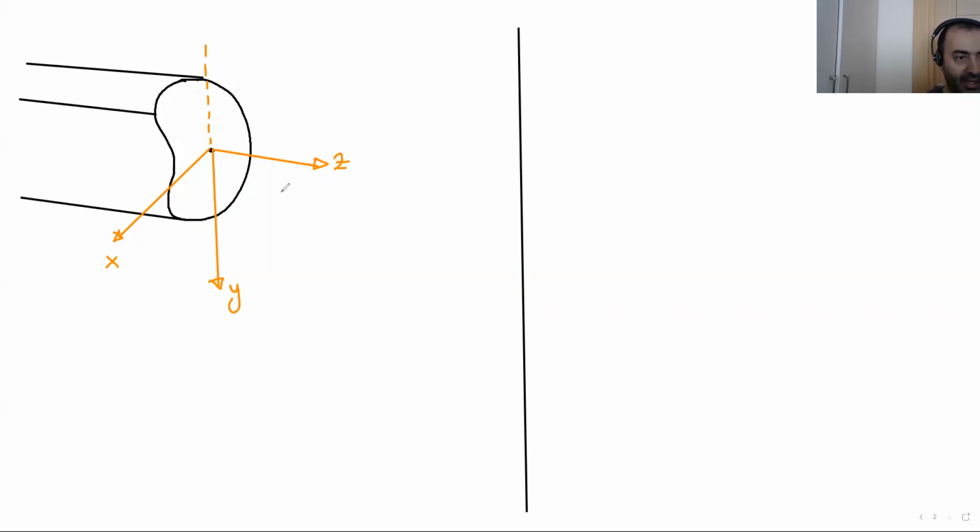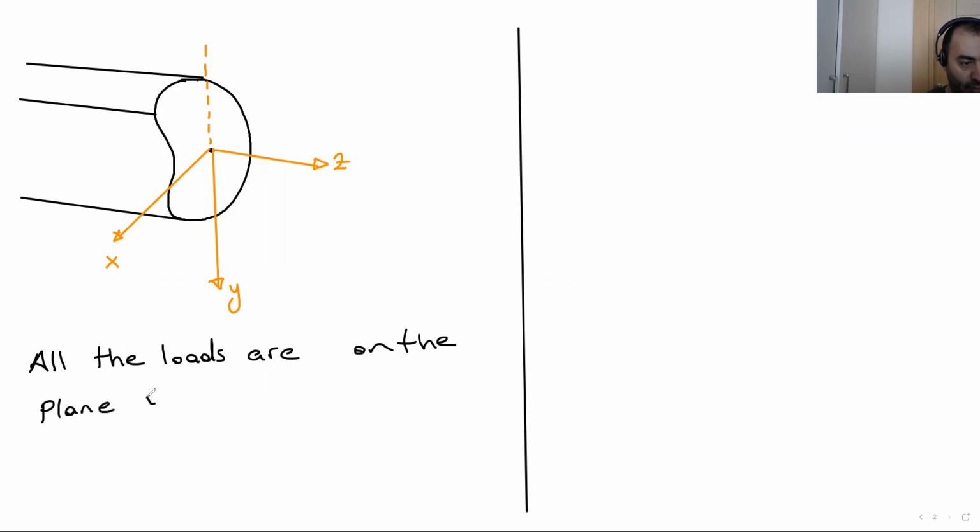What we make as an assumption in this system is that all the loads are on the YZ plane. Okay. All the loads are on the plane YZ. YZ is over here, as you can see.